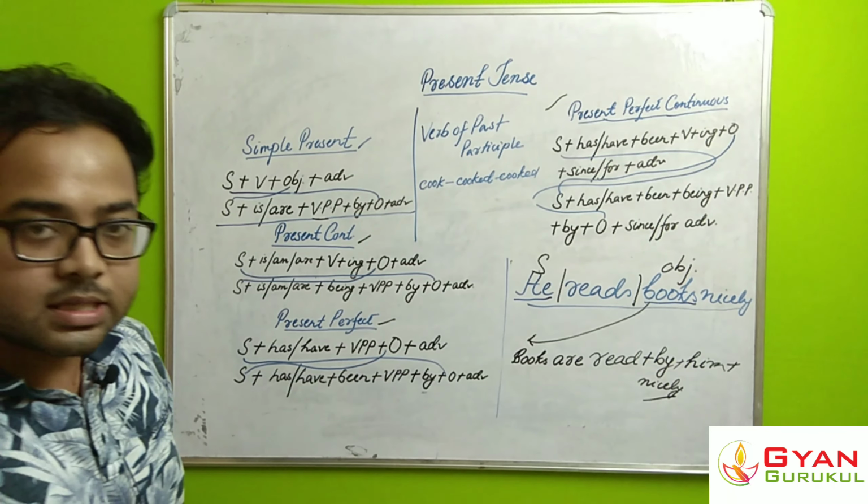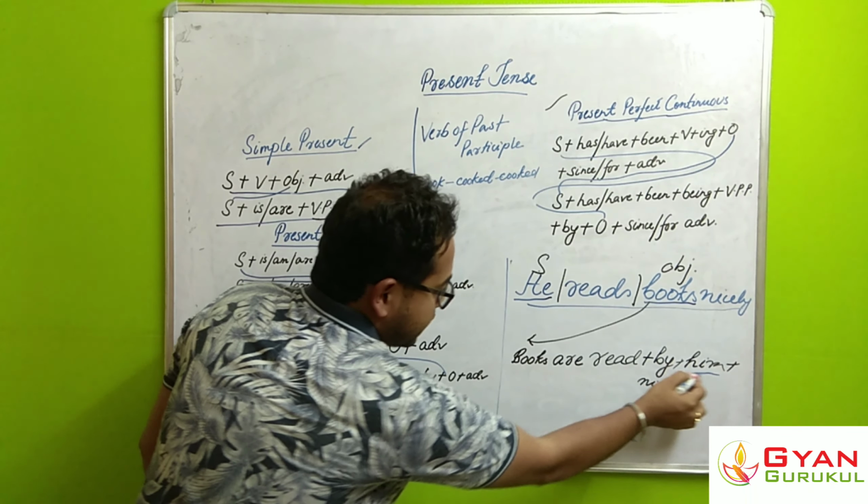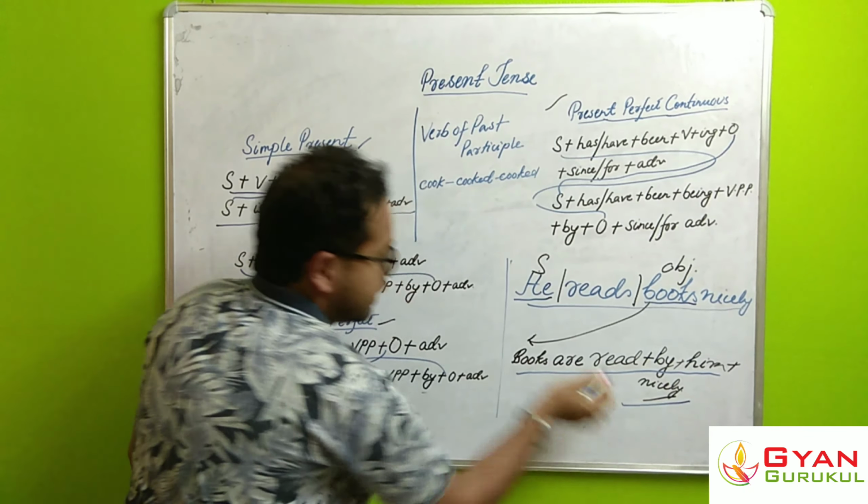Similarly, you can turn passive voice into active voice. Suppose this sentence is given and you need to convert it, then you can go for books, since books are the subject. In books are read by him, him is the object, right? So you have to convert it. Now how can you convert? Him becomes he, read becomes reads. Why?